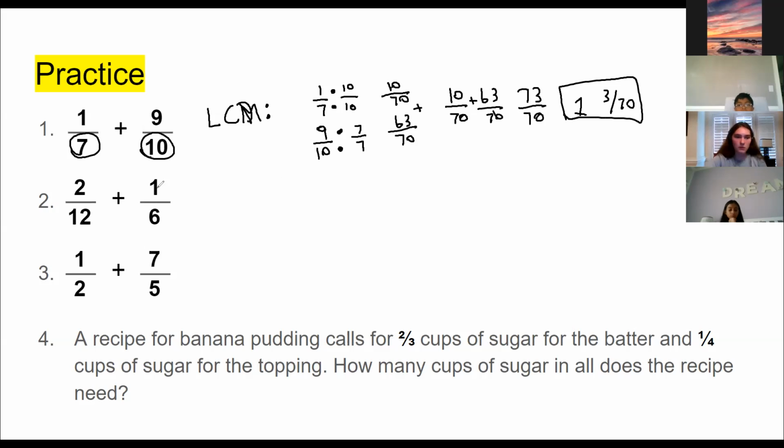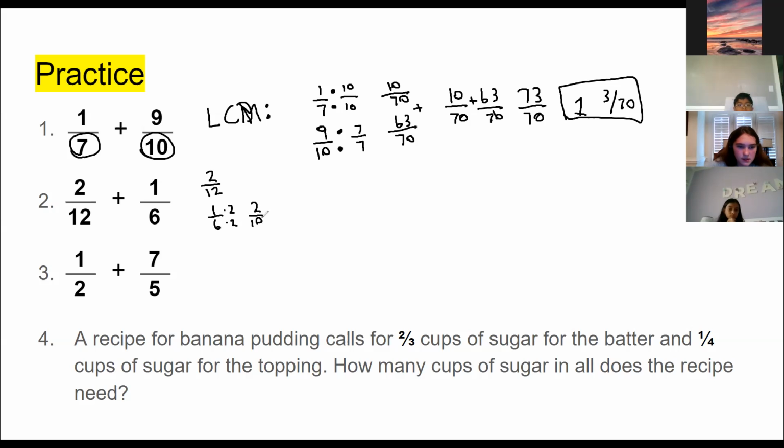Our second problem is actually fairly easier because 2/12 and 1/6. 6 is a common multiple of 12. So in a way, all we have to do is multiply it by 2, and then we get 2/12.